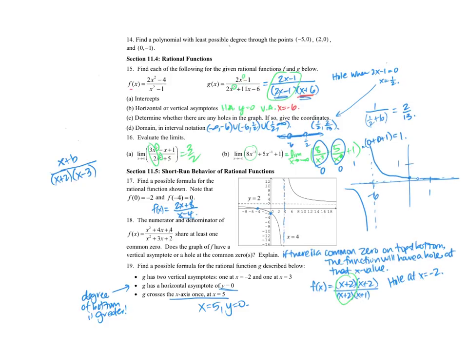Then if I plug in 5 for x, I get 0 is equal to 5 plus b. And so b could be -5. So that's a possibility there. So I could do x minus 5 over x plus 2 times x minus 3.